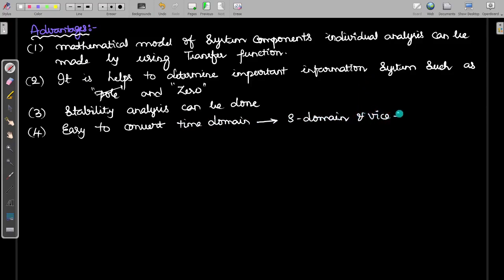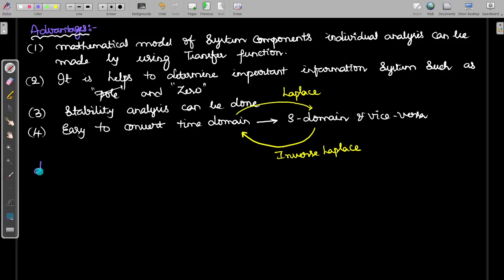Whenever you are converting time domain into S domain, you have to take the Laplace transform. Whenever you are converting S domain into time domain, you have to take the inverse Laplace transform. By using these mathematical tools, we can convert time domain into S domain and S domain into time domain.